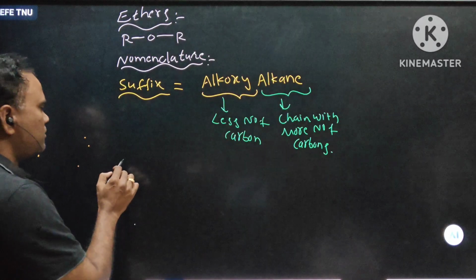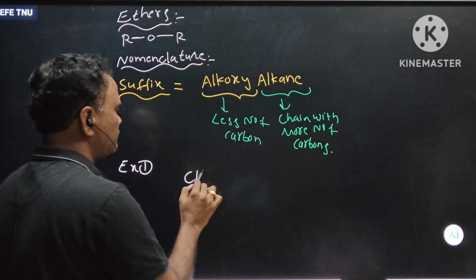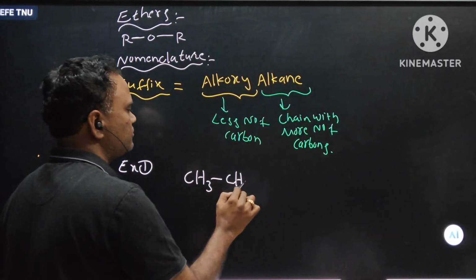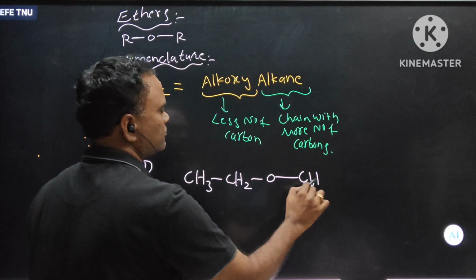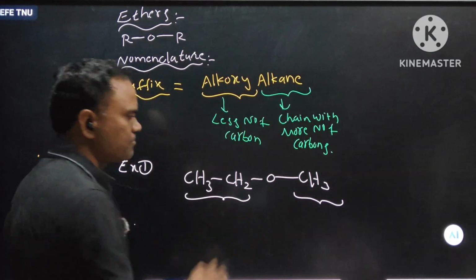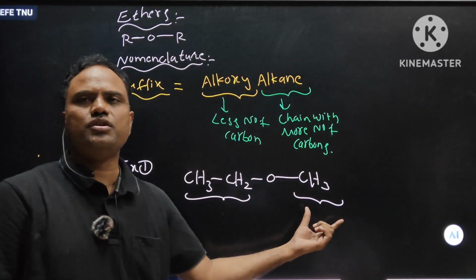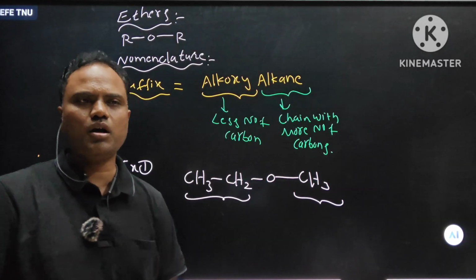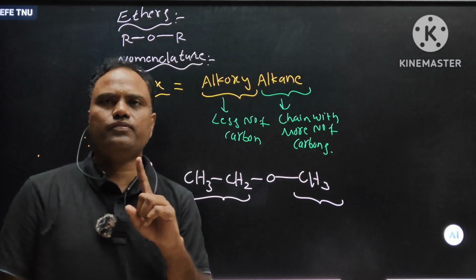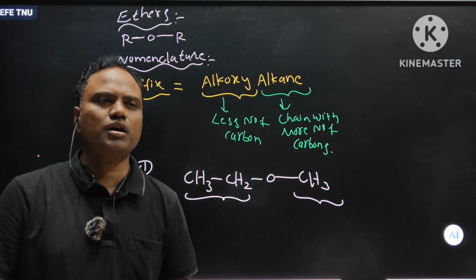Let us see this example. We have two chains, the right side one and the left side one. In the right side chain only one carbon is present. What is the root word if one carbon is present?